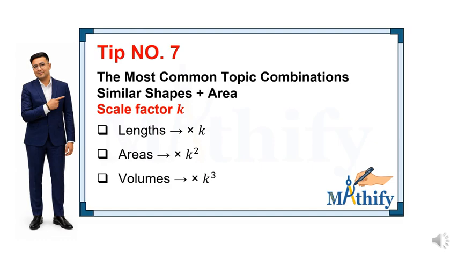For volumes, scale factor cubed. This is one of the huge favorites for any GCSE exams. Scale factor comes up a lot in paper 3.